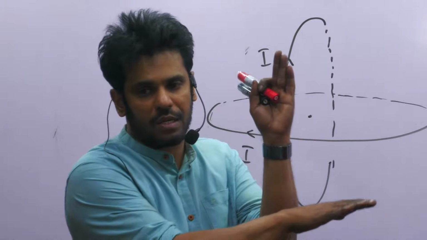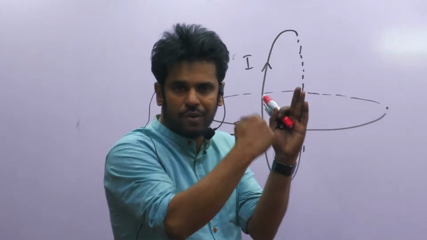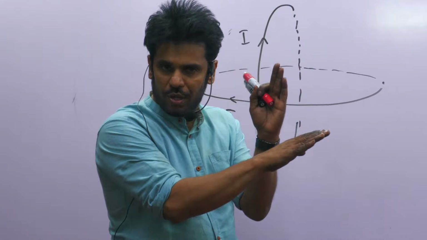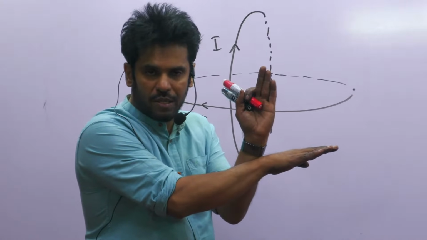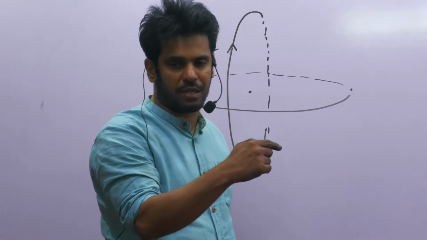Everyone knows the vector simplifications. When two vectors are perpendicular to each other, the resultant vector is given by the Pythagoras theorem.